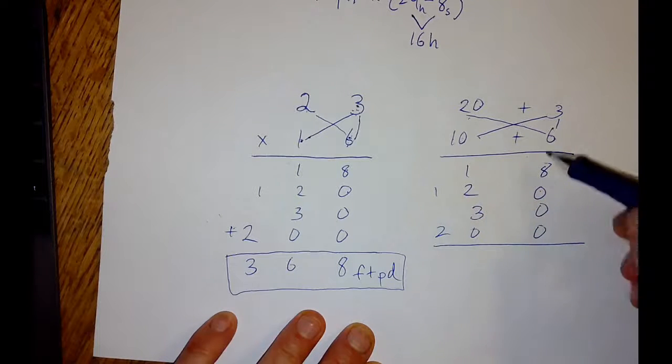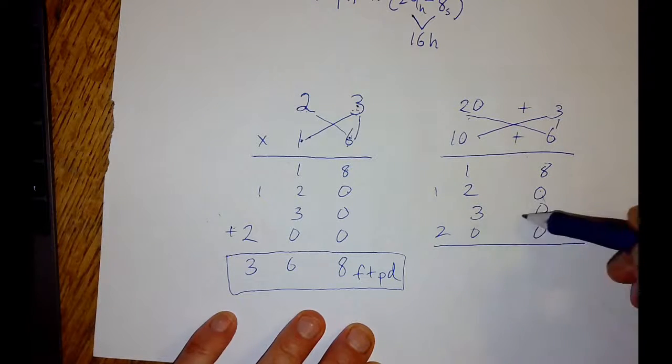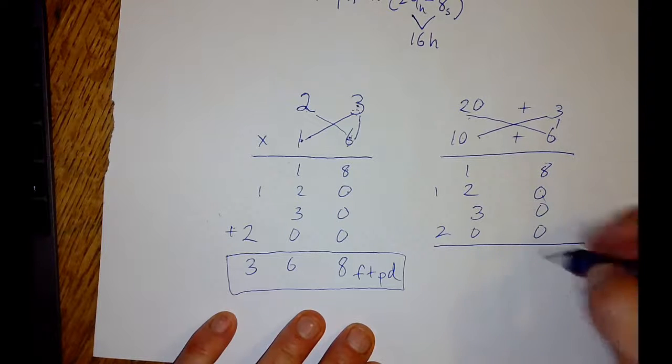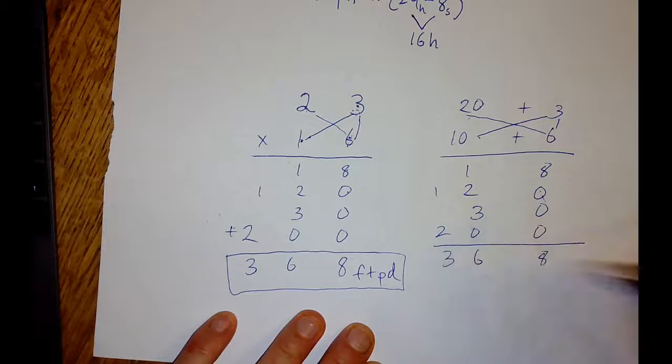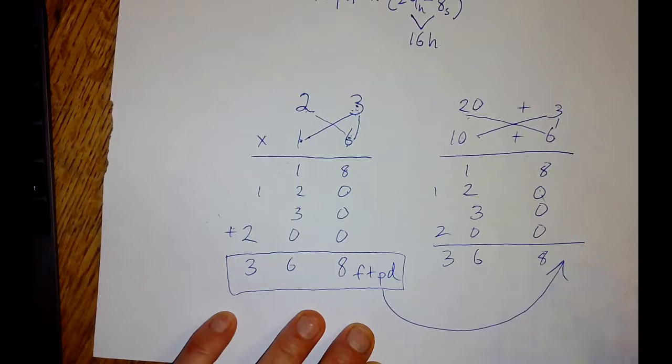And hopefully it makes it really clear where those place values come from. Okay? 8, 6, 3. 368 face touches per day.